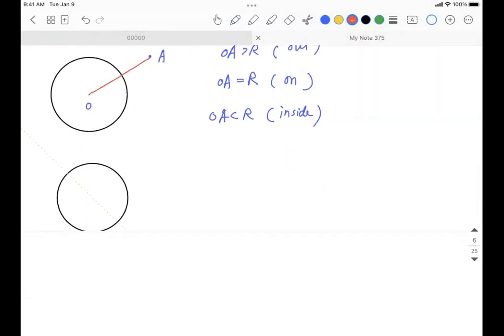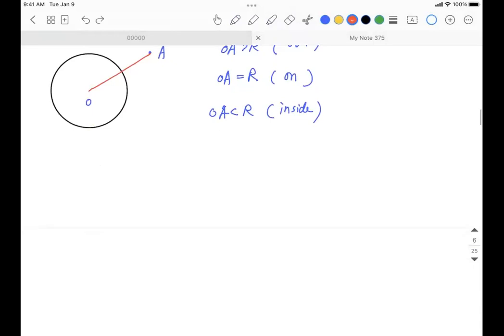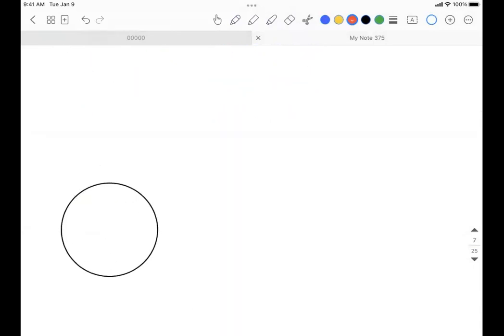Same thing. Okay, I'm going to go to the second graph. Here. And then let's say I have an angle. Angle P is here. So I have a chord. Okay, I'm going to give you something like this. You see?